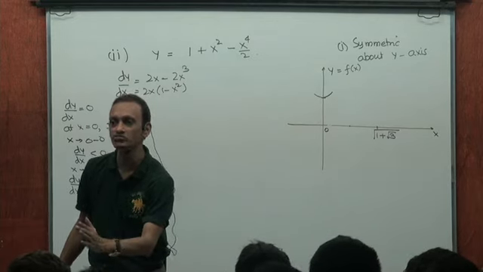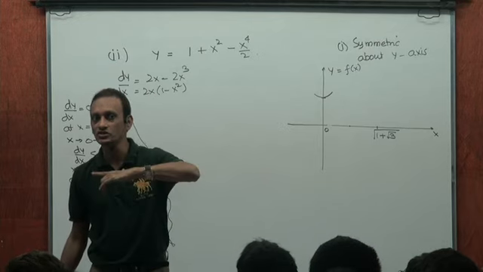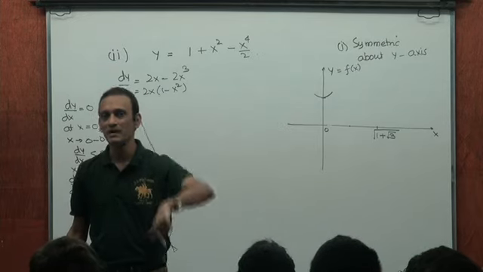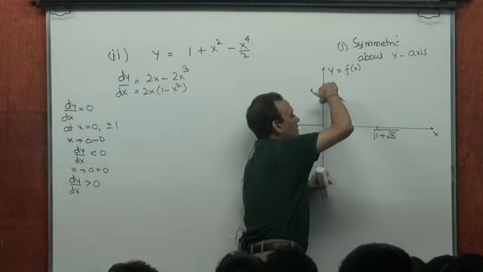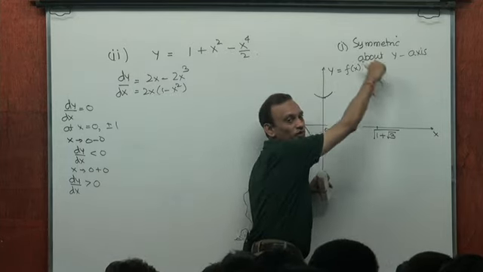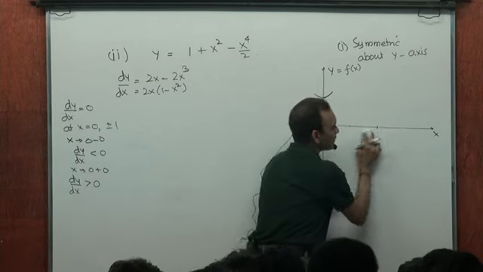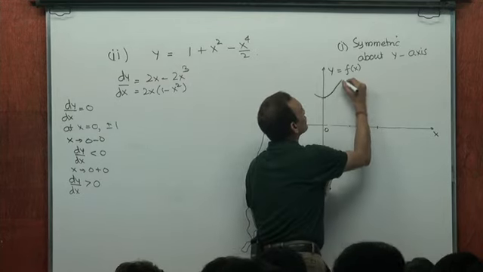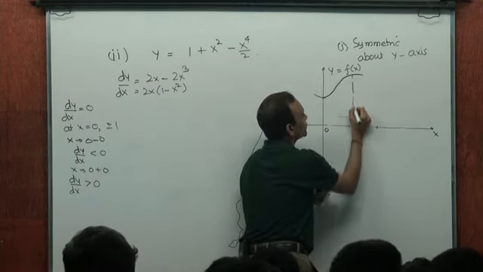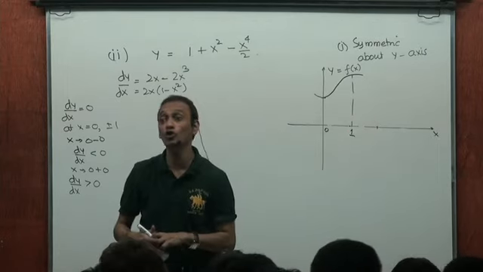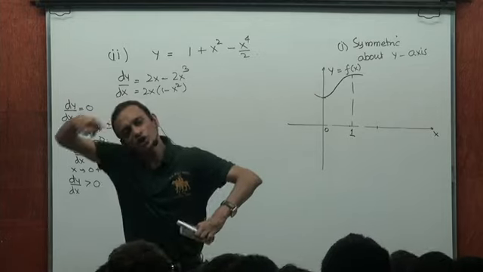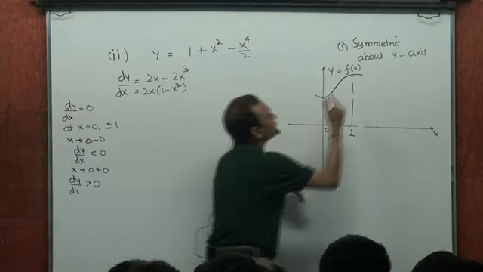After x equal to 0 it's increasing, so you would expect a local maxima at x equal to 1, and after that there are no further turning points. It will just go down and down and down to the deep from whence it sprung.